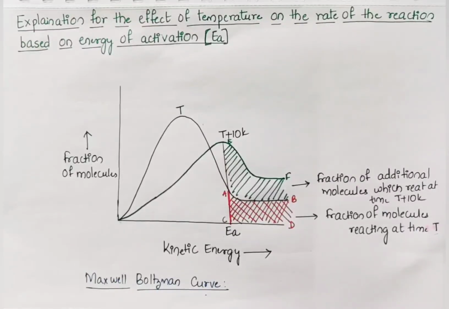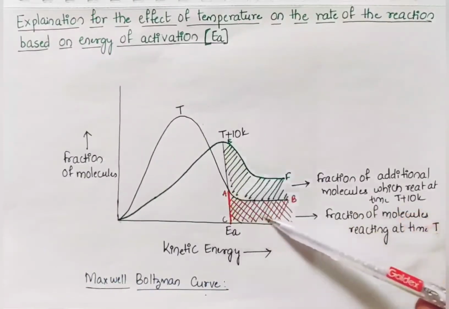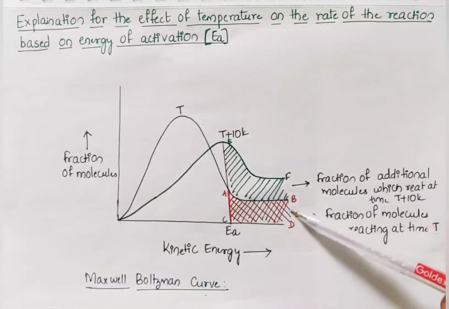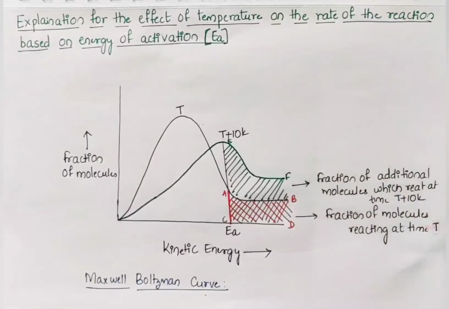Hence the rate of the reaction also increases. Now you can see this entire area will be the reacting molecules at T plus 10 Kelvin. So when you increase the temperature, the rate of the reaction also increases, or it doubles.